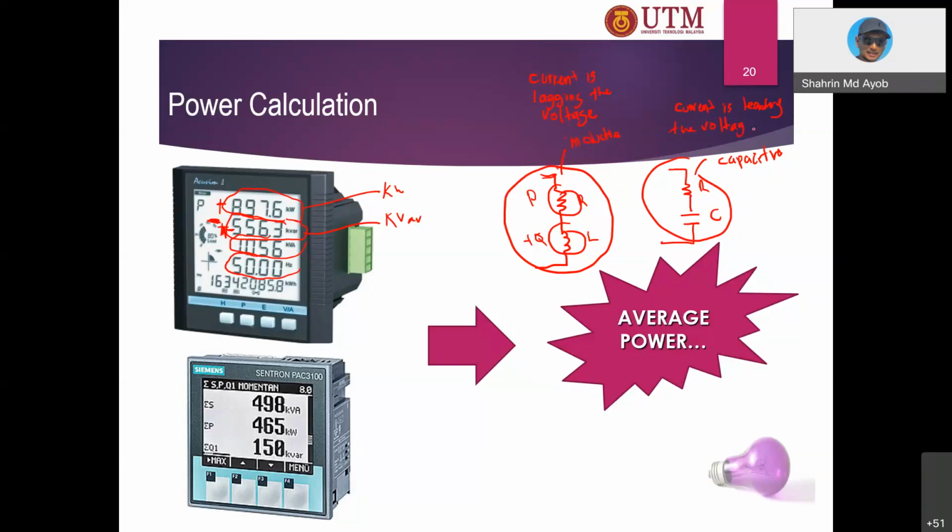Always, please memorize this one, because as an electrical engineer, you need to know this relationship. So if the current is lagging the voltage, you know that your load is an inductive load. If the current is leading the voltage, you know that the load is a capacitive load.